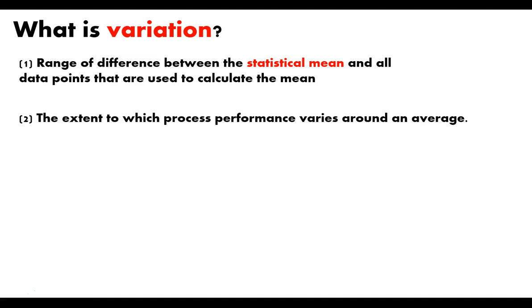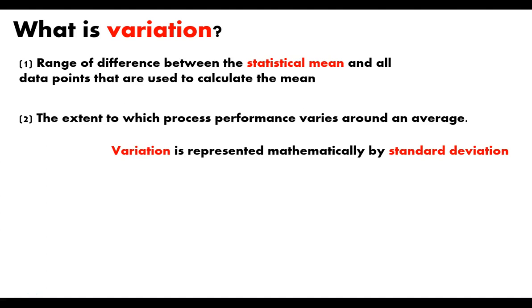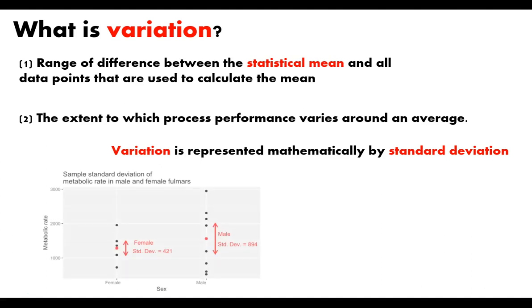You find out that the people in Cincinnati all group together around that height, tighter than the people in University of Indiana. You know that something must be different in Indiana since they have a wider spread or a wider variation. So variation is represented mathematically by the standard deviation. The standard deviation is the deviation from the average.